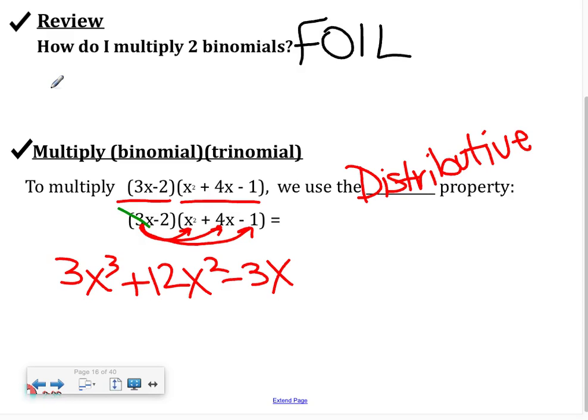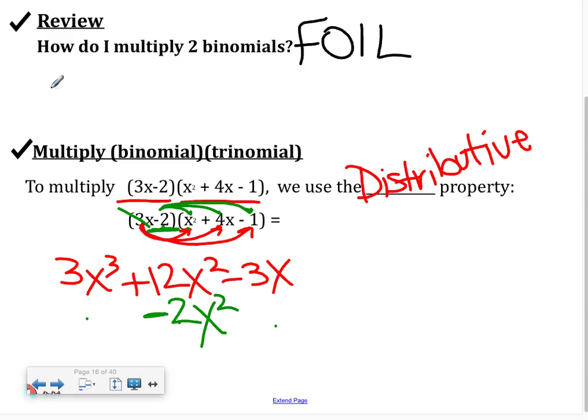But now we also have to multiply this negative 2. So now this negative 2 has to be multiplied to everything. And how I like to do this, I like to align it so that when I multiply it, it lines up down here. Because then my last step is I have to combine like terms. So I'm going to multiply this negative 2 to this x squared. When I do that, I'm going to get negative 2x squared.